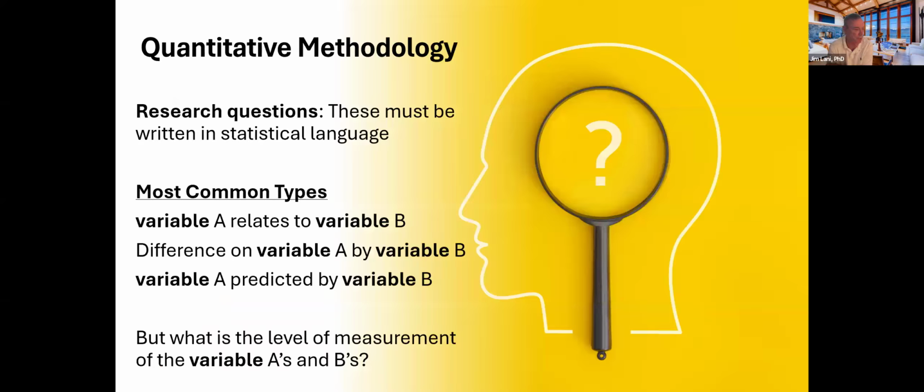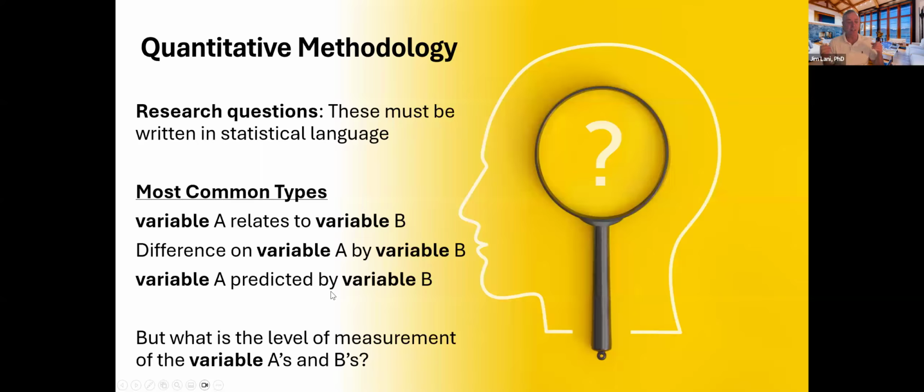Okay, research questions. So let's talk about that language. Most analyses can be captured by talking about relating variables A and B, differences on some variable by some other variable, or prediction or impact.